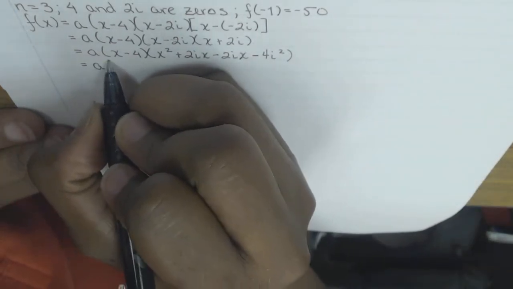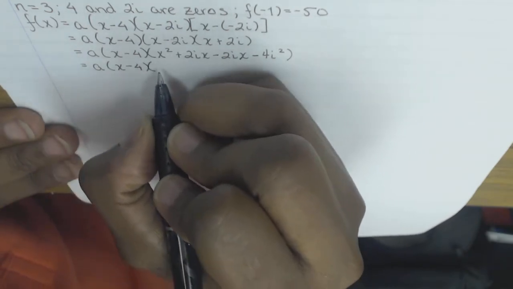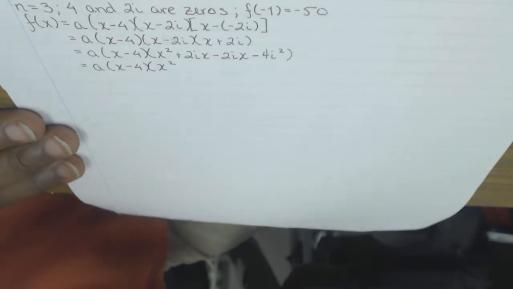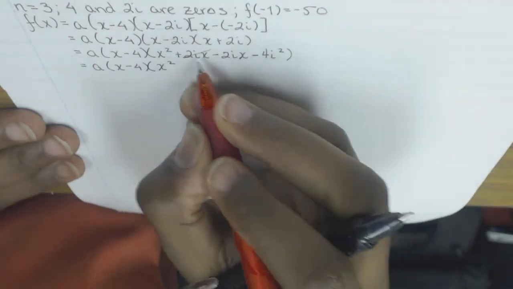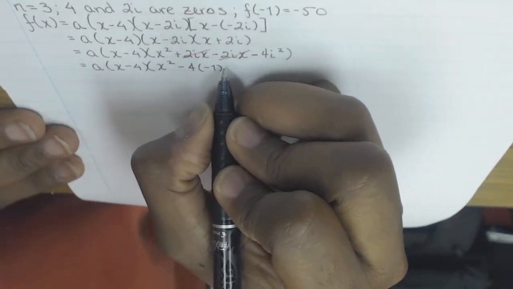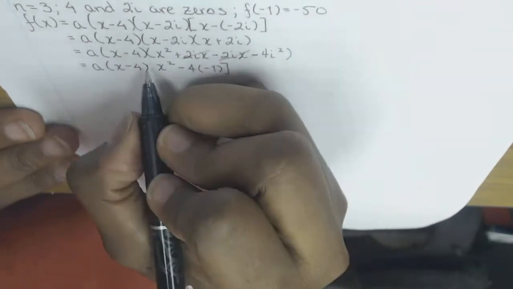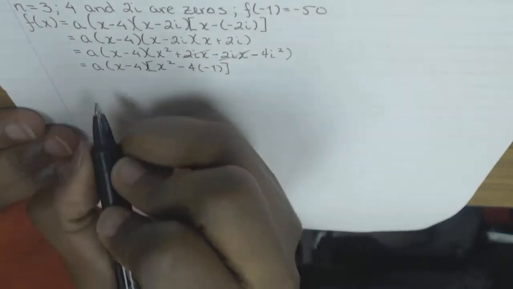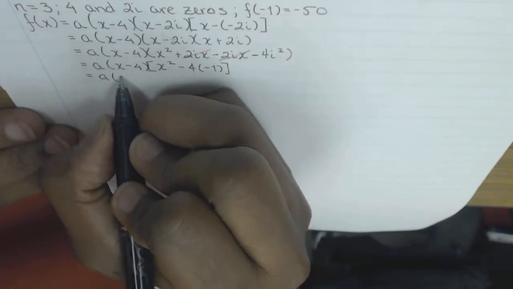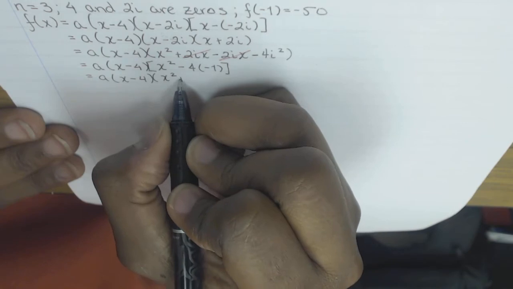So a times the quantity x minus 4 times x squared. My 2ix's will cancel. So I have minus 4 times -1, because i squared is equal to -1. So a times x minus 4 times x squared plus 4.